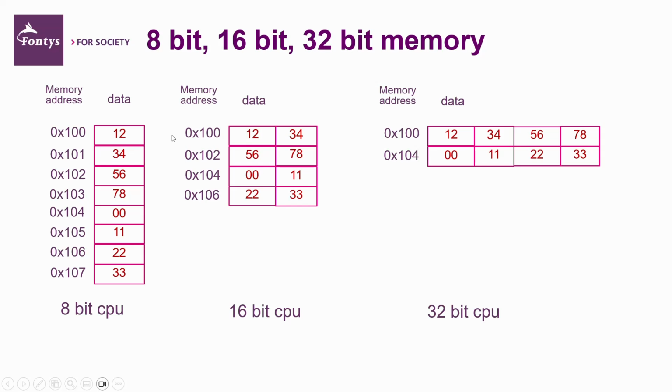Here we have 2, and there we have 1. But the addressing scheme is still the same. If we look at here, this is address 100, 101, 102. So at 102 we have here 56, at 102 we have 56 here, and at 102 we have 56 there. So that's no difference between all the kind of CPUs.